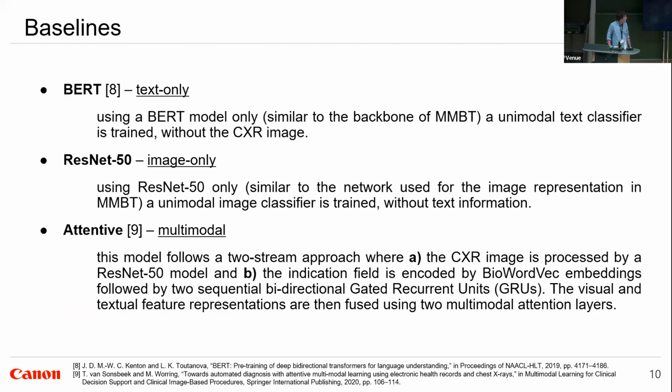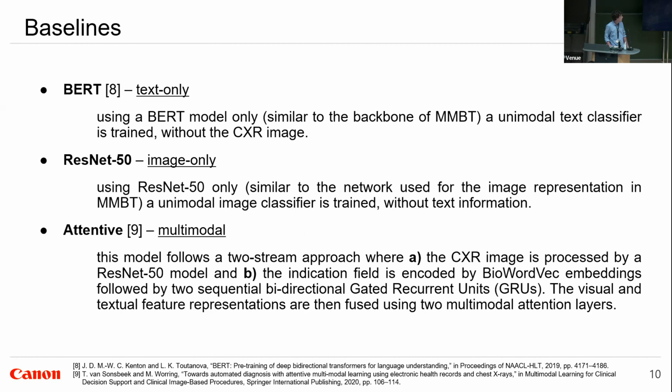We also compare the MMBT with 3 baselines. The text-only baseline is a BERT model, which only takes the indication field as input without considering the chest X-ray. For the image-only baseline, we consider the ResNet 50 only. In this case, the model only uses the chest X-ray to classify the 14 classes.